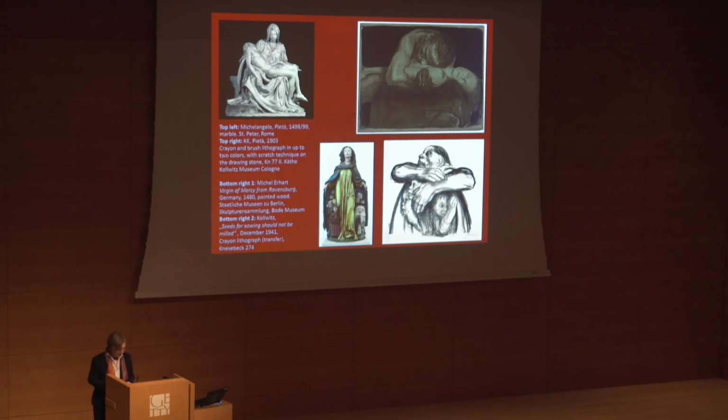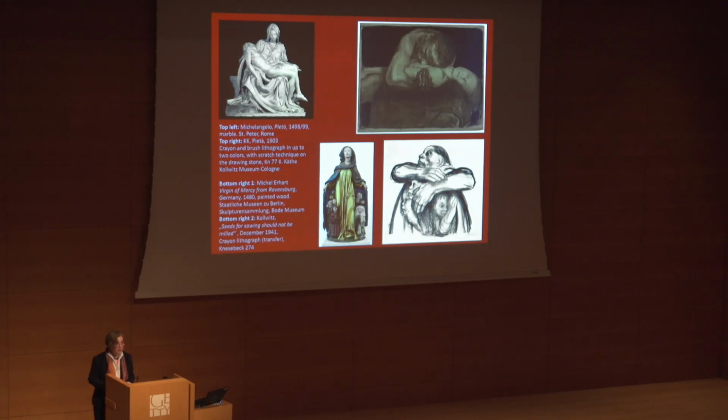Even in her last lithograph from the end of 1941, which was particularly important to her as an anti-war slogan and was titled after a Goethe quote, Kollwitz obviously based the fundamental understanding of her composition on a type of image from Christian iconography.